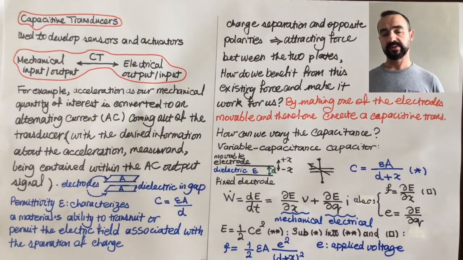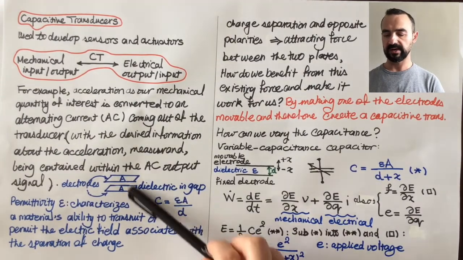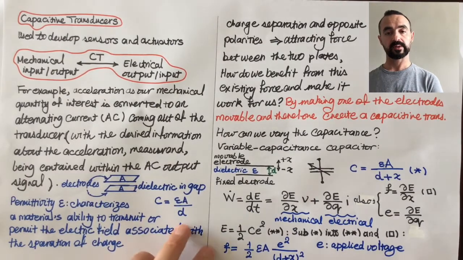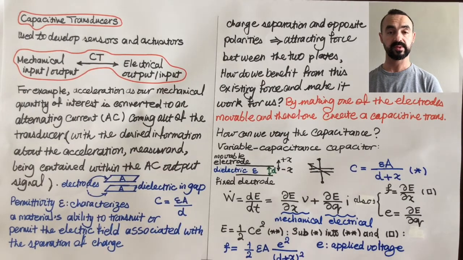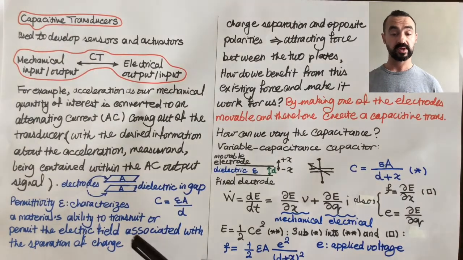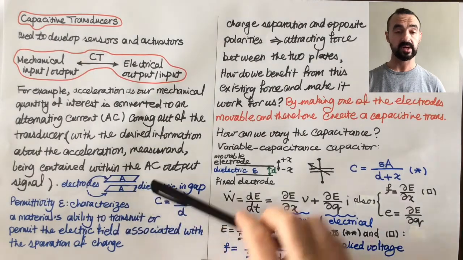So this is what we're going to do. Let's say I have made one of these plates movable. I'm going to talk about the case where we are changing the gap between the two plates. But you can think about the case where the area changes, and I'm going to create another video later and show that. Let me just point out how it works.